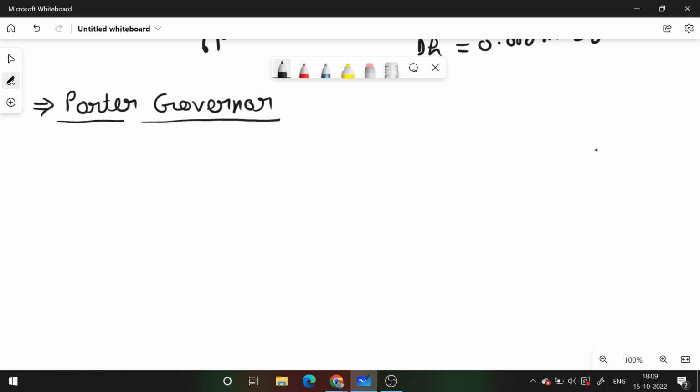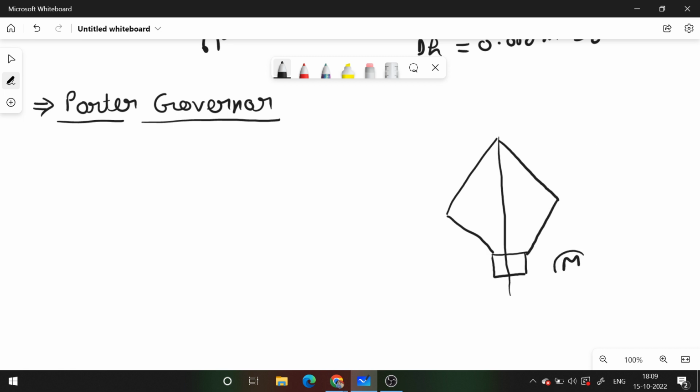As we know that there is no weight at the sleeve in the case of a Watt governor, the sleeve mass will be neglected, but in a Porter governor, the mass of the sleeve will be considered. Okay.